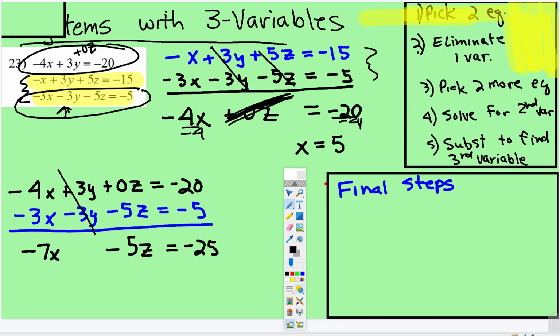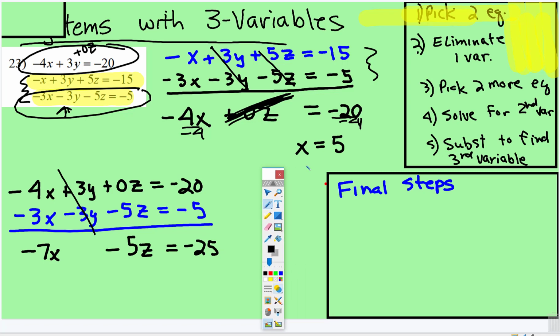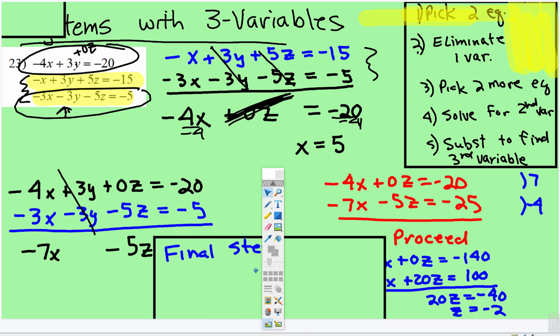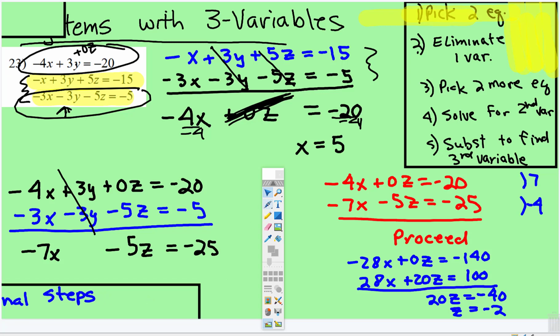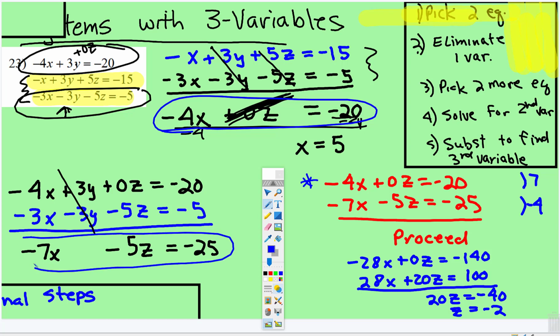Okay. And technically, I'm going to show you something cool. Well, let's do the final steps first. So this first equation that we got, before I crossed out the 0z, we're going to add together with this one right here.